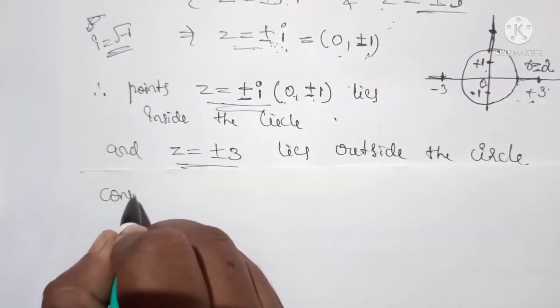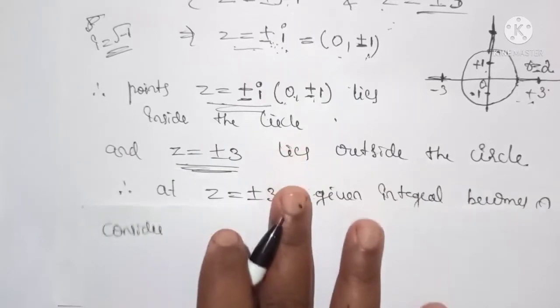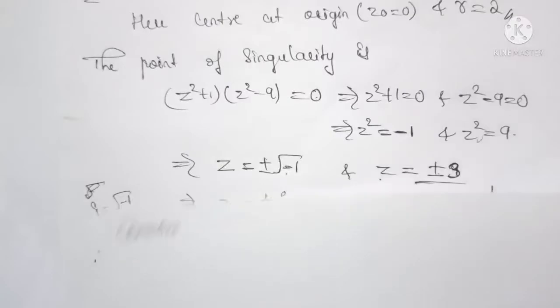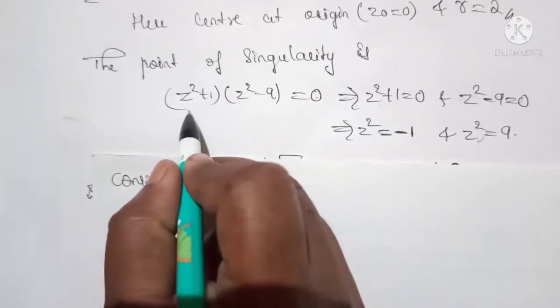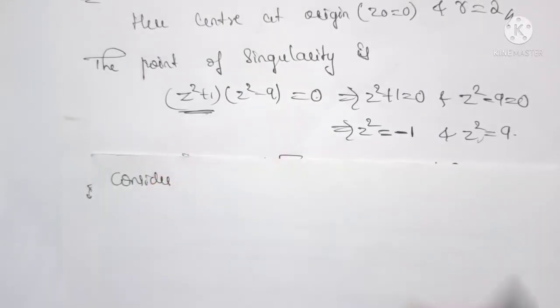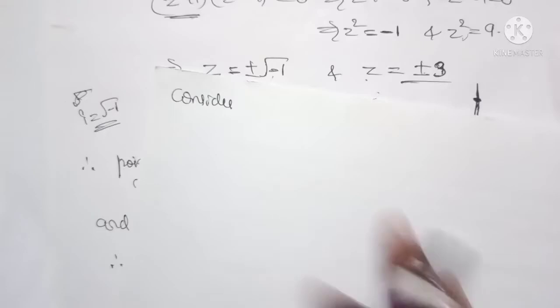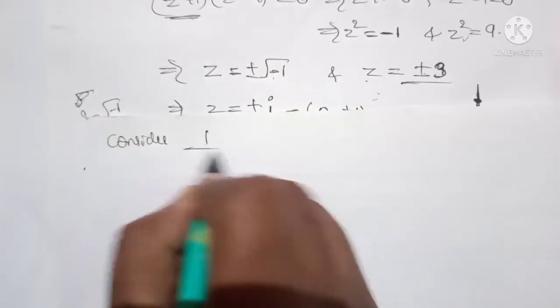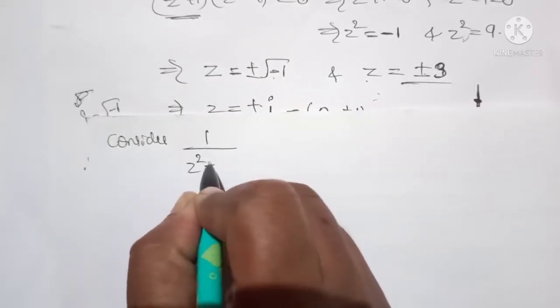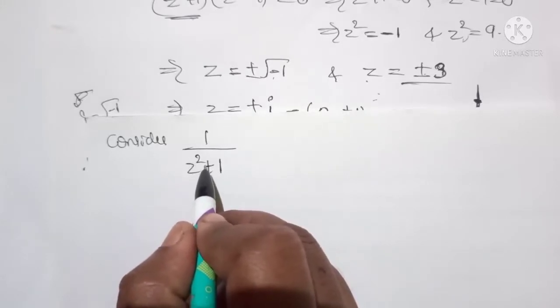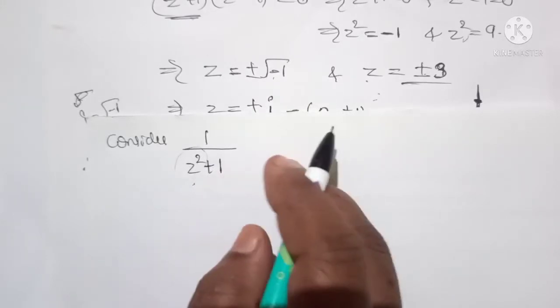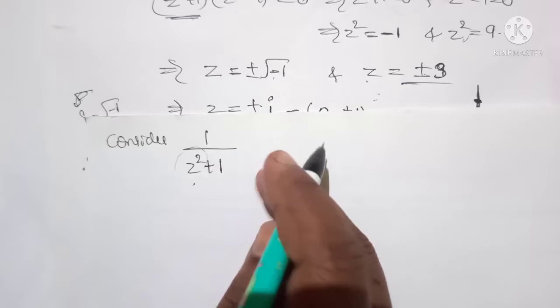So we consider only the term for which the point of singularity lies inside the circle. For this factor, the point of singularity lies inside the circle. Therefore we consider 1 divided by z square plus 1, because it contains z square, so we have to again use the partial fraction method.